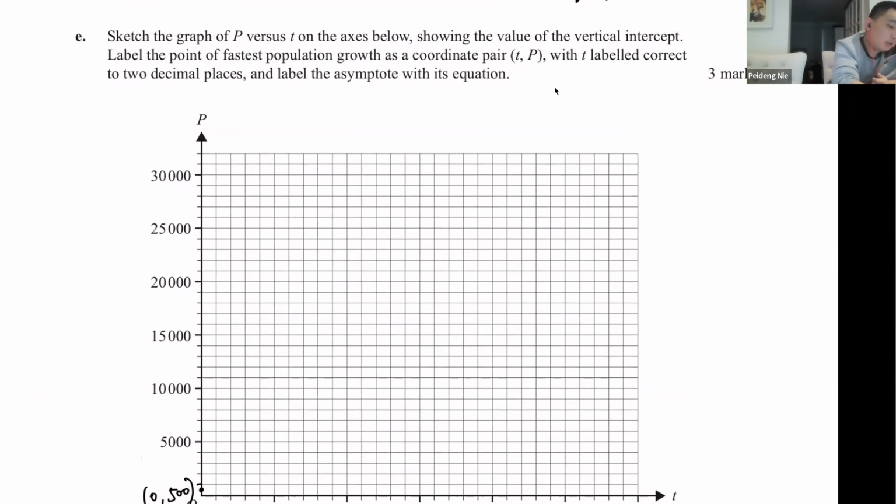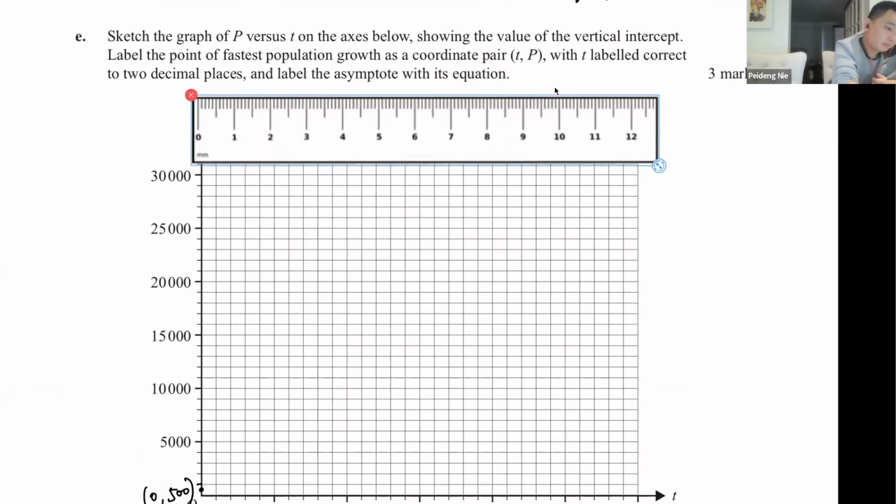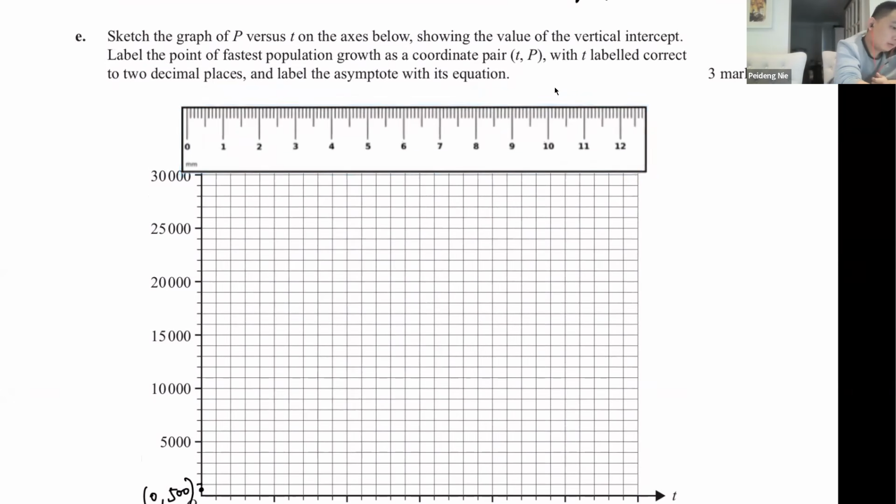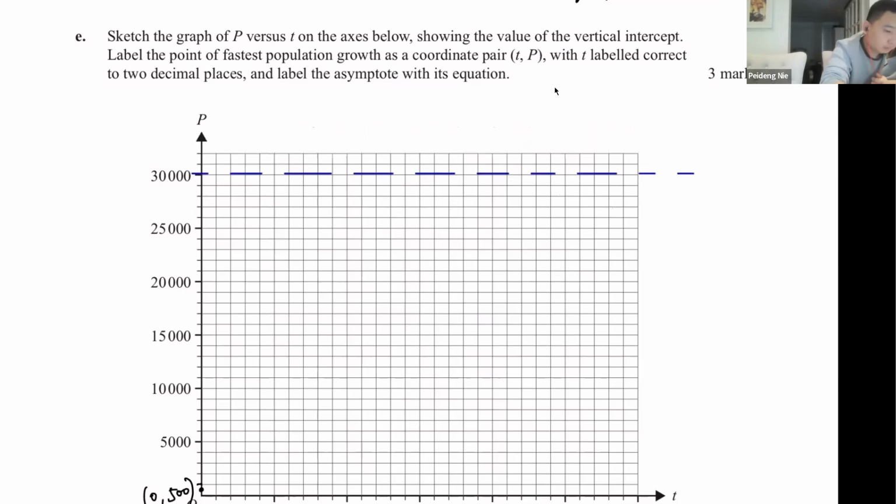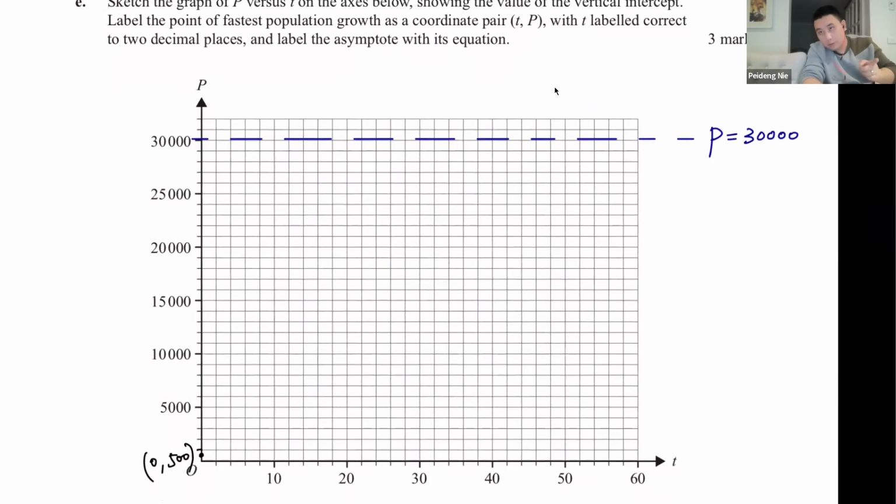So I'm going to use my ruler here again. Draw an asymptote, okay? Very first thing, your easiest two things, the horizontal asymptote and your initial value, which is also your P-axis intercept, the vertical intercept.